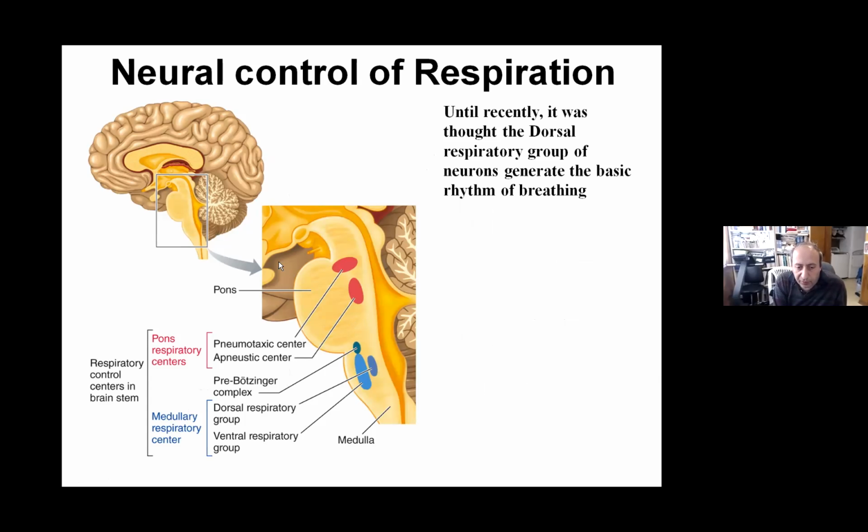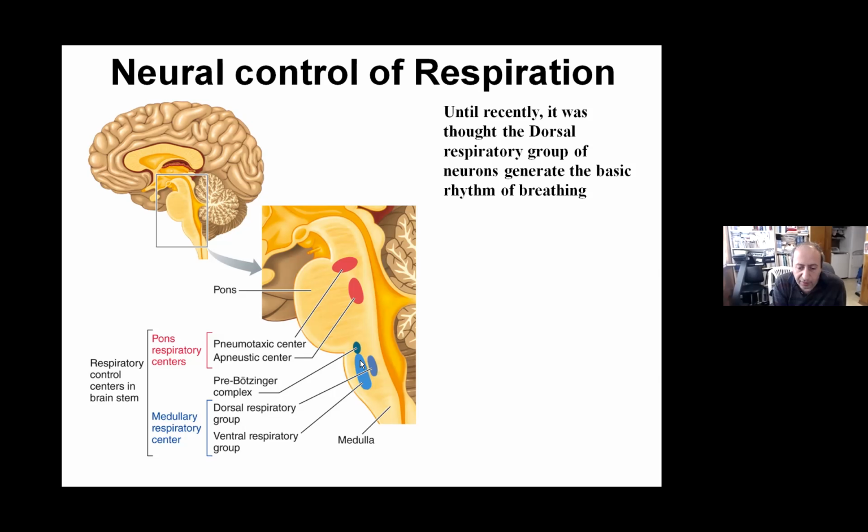So what are exactly the specific parts of the medulla and pons that are involved in controlling breathing? In the medulla, we have what we call the medullary respiratory center, and there are two main regions: the dorsal respiratory group, sometimes called DRG, and the ventral respiratory group, or VRG.